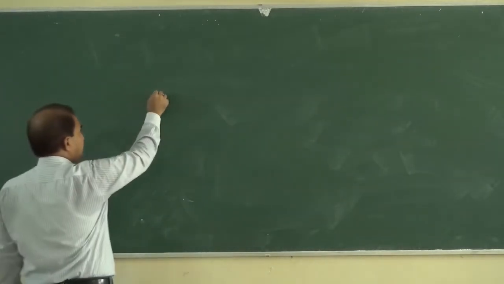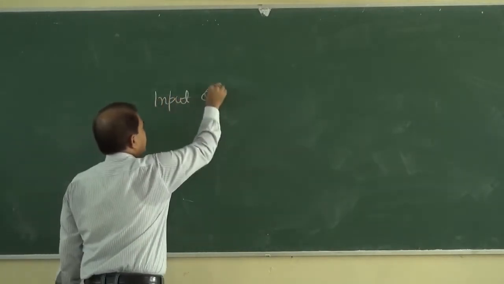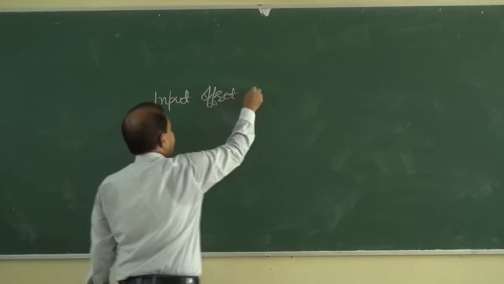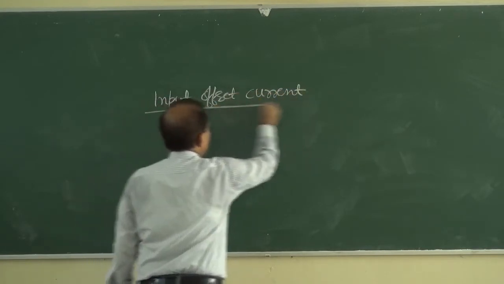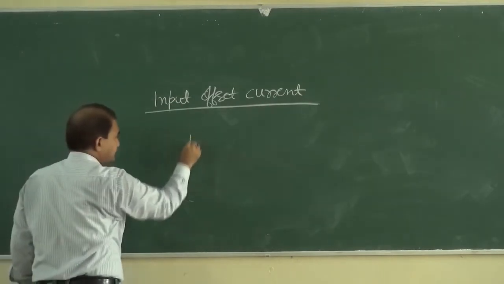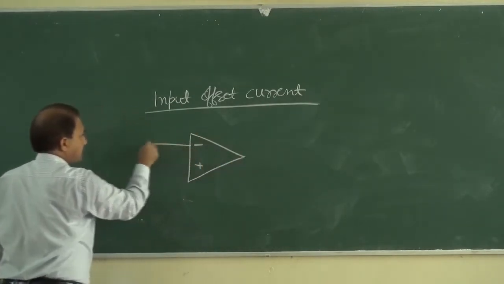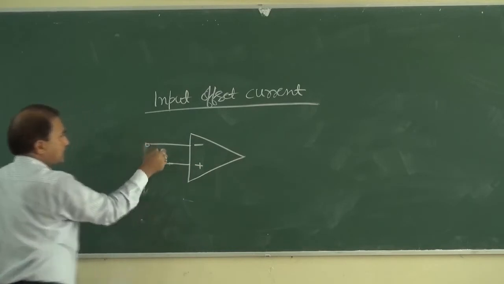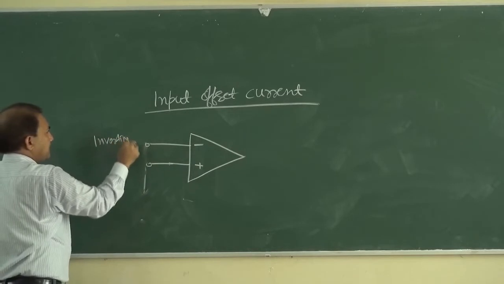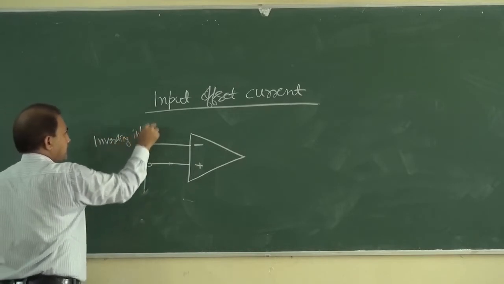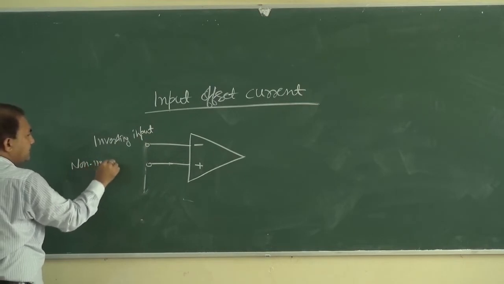Then we will study about input offset current. So what is input offset current? This is the inverting input and this is the non-inverting input.